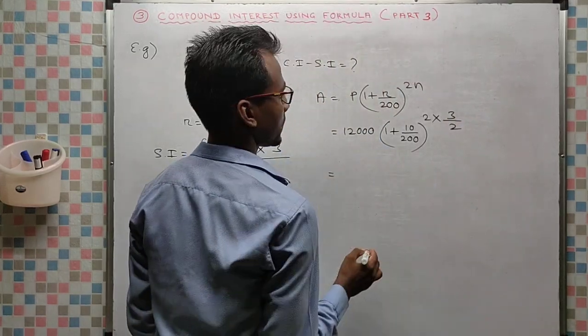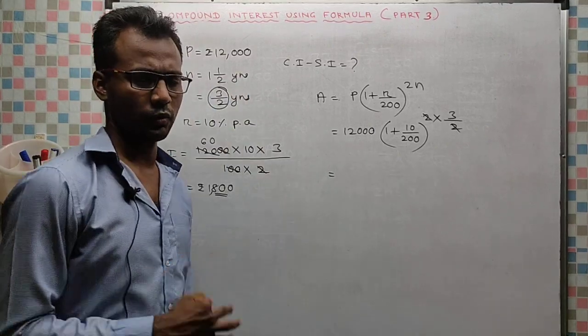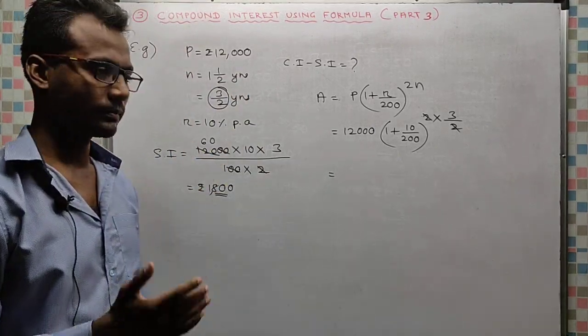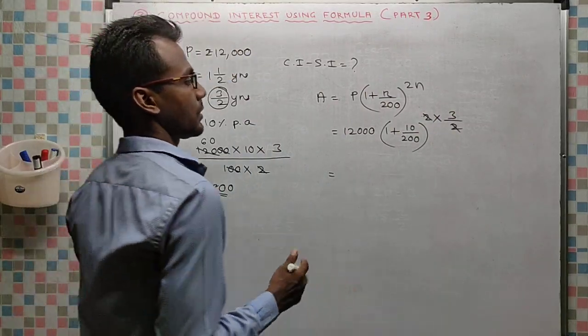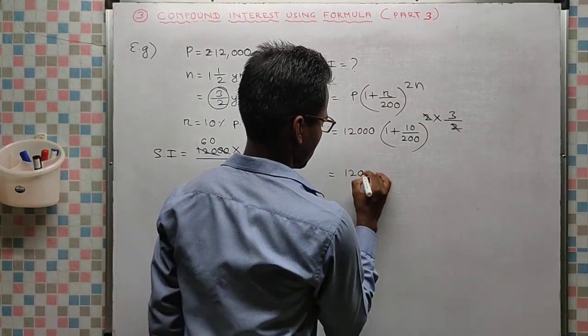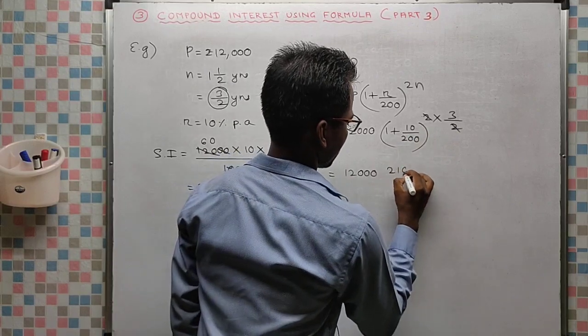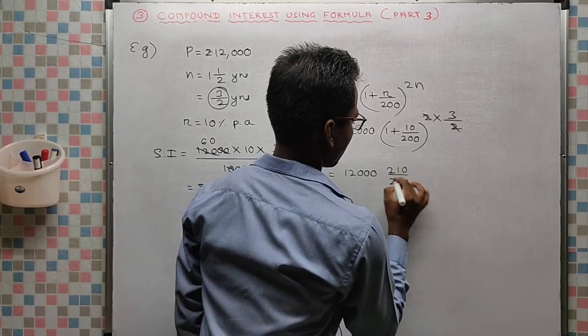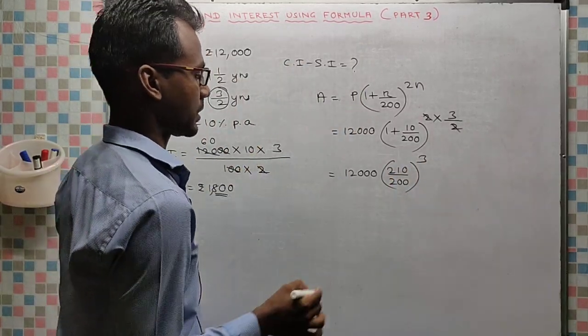So 2 cancel. That means the interest will be calculated 3 times, obviously, 3 times in 1.5 years. Half year, 3 times it will be calculated. So 1 plus 10 by 200 means 210 by 200, power 3.